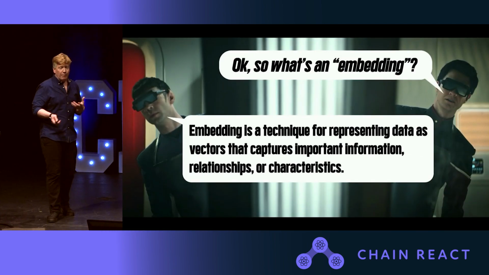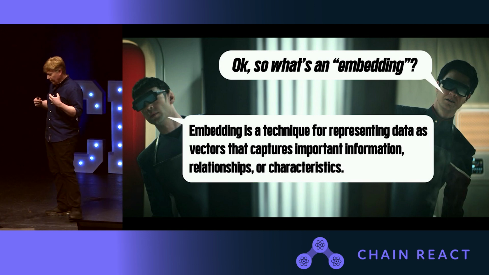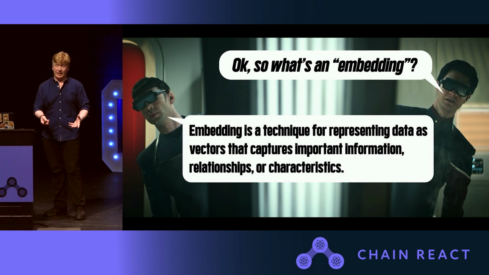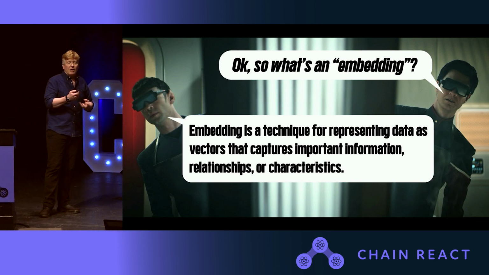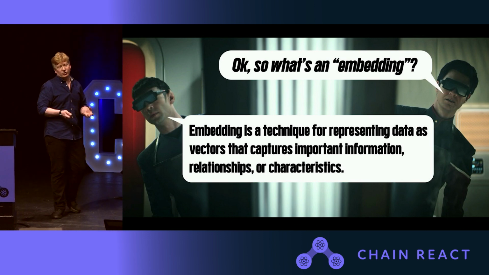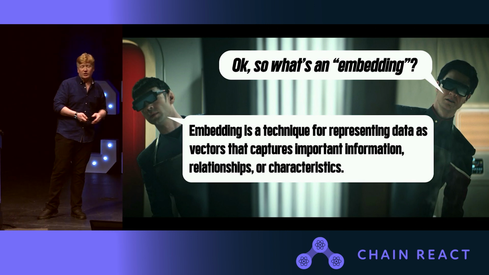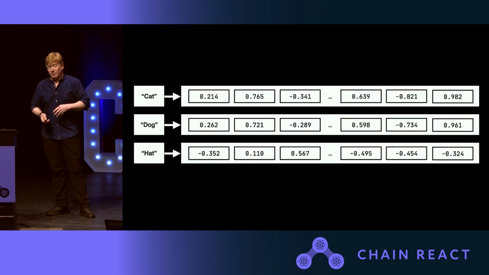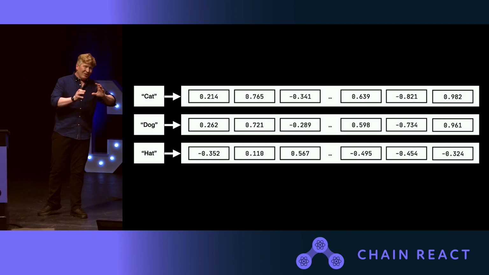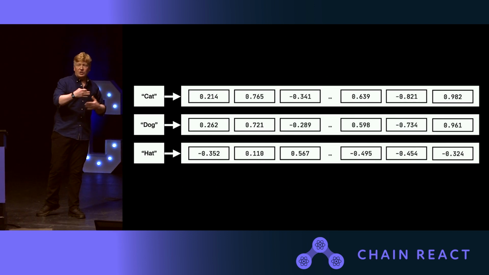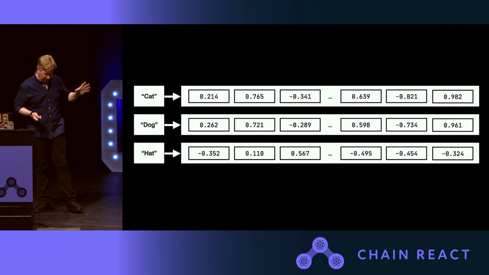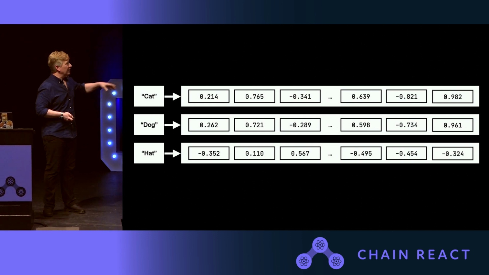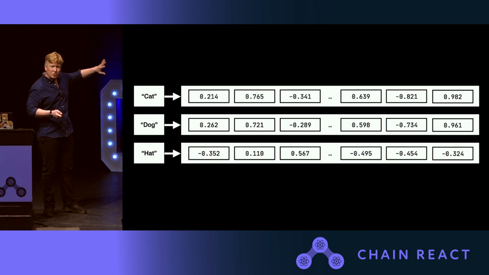But that doesn't explain what an embedding is. An embedding imparts essentially a semantic meaning to all those numbers. It captures something about the terms and encodes that into those numbers. And they are relatable when you talk about relations between those vectors. Let's say you have cat, dog, and hat. You'll see this anytime anybody talks about vector embeddings: they use simple terms like this and show how they compute into different vectors.